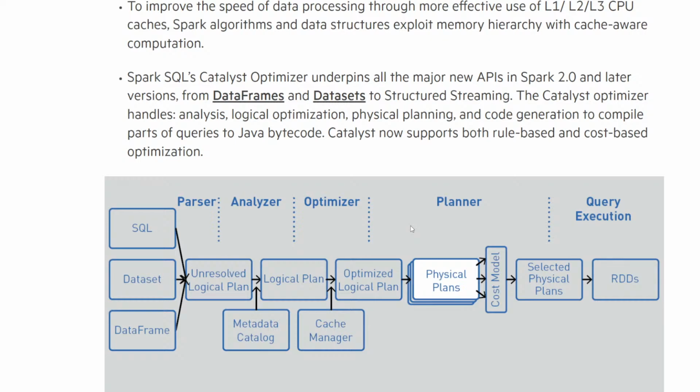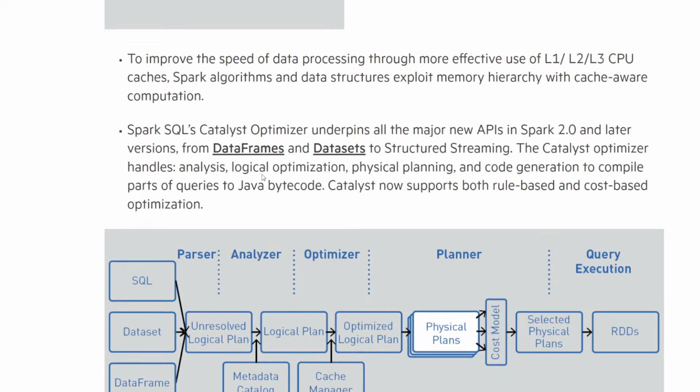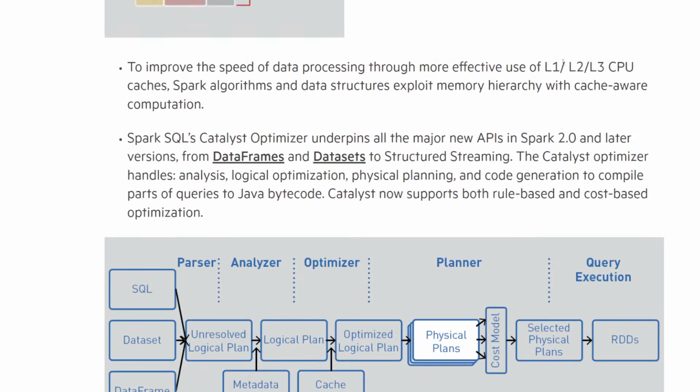To improve the speed of data processing, Spark uses the L1, L2, L3 CPU caches. There are multiple caches within the CPU, called L1 cache, L2 cache, and L3 cache. Spark made its algorithms and data structures use the memory hierarchy with cache-aware computations.